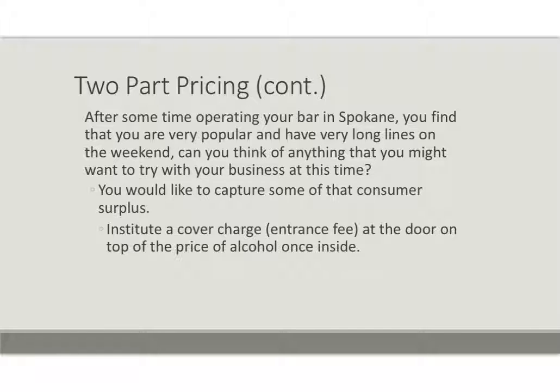But here's the kicker, but it's intuitive when you think about it. If you go with this approach and you start charging an entrance fee at the door, you're going to want to lower price. Okay, so that price we found before, you're going to want to start to lower. When you lower price, that increases consumer surplus.